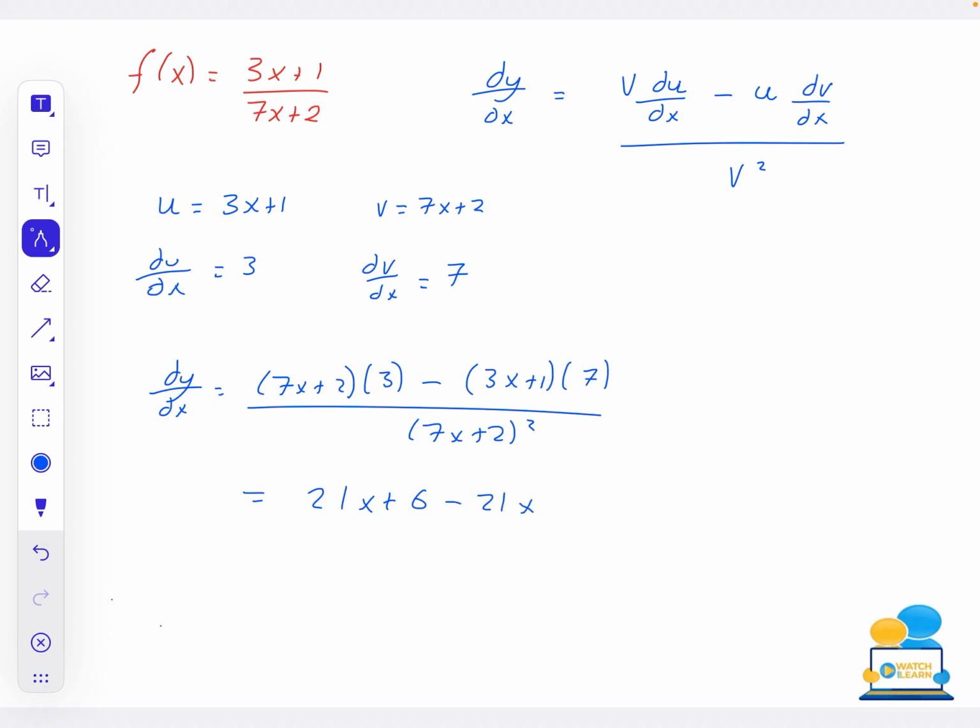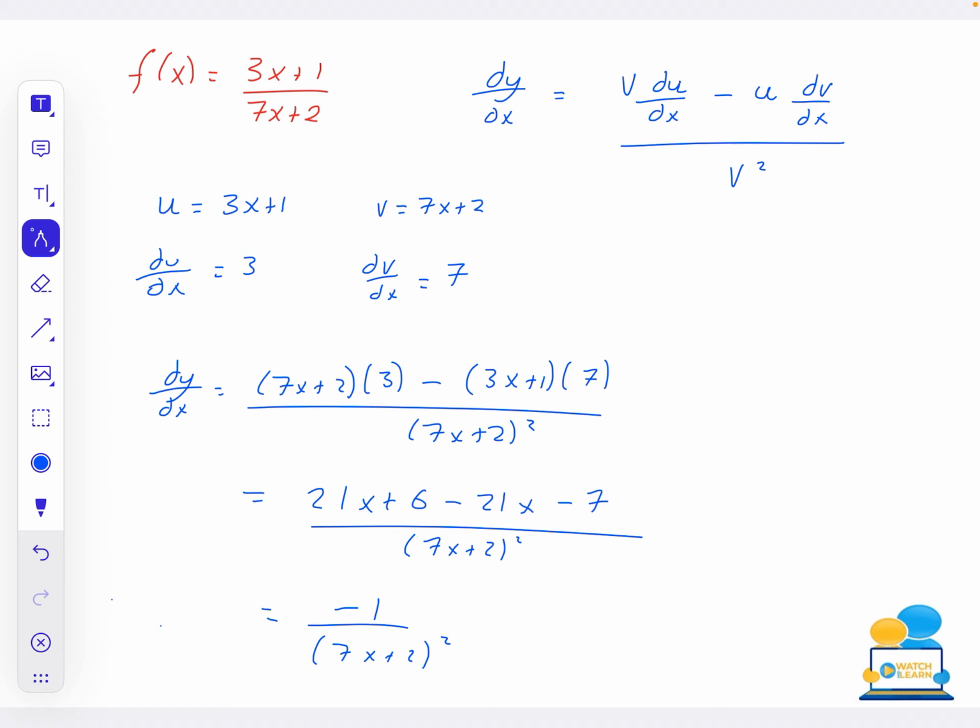And then be careful here, 3x by 7 is 21, by the minus sign is minus 21x, and 7 by 1 is 7, by the minus sign is minus 7. All divided by, leave the bottom alone. Okay, 21x and minus 21x will cancel, so you're left with minus 1 all over 7x plus 2 to be squared.